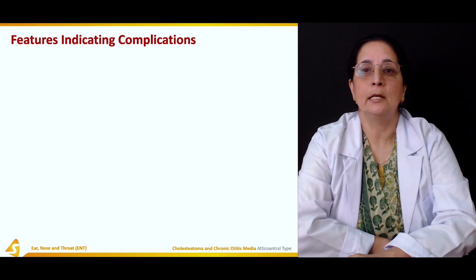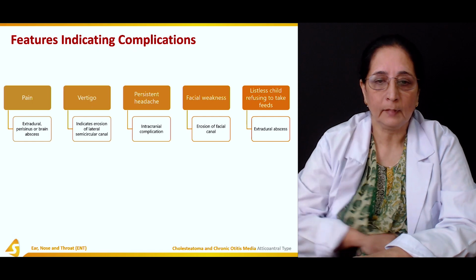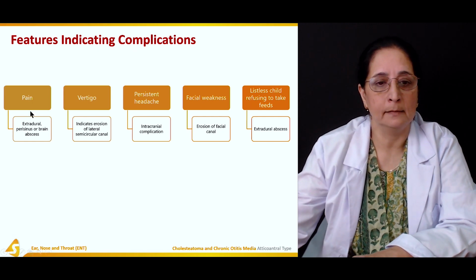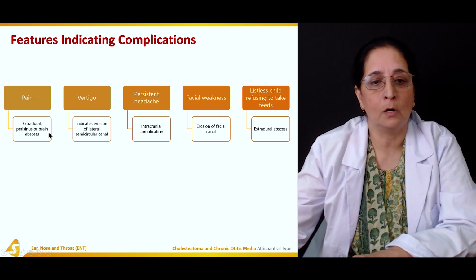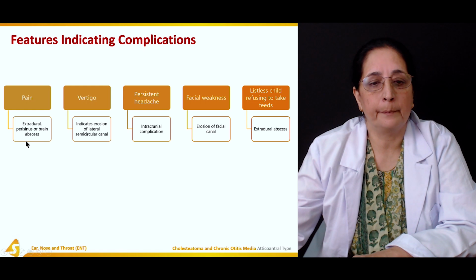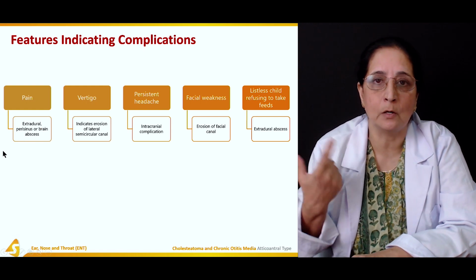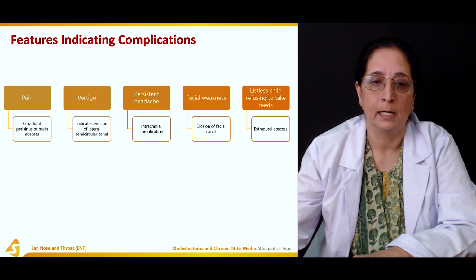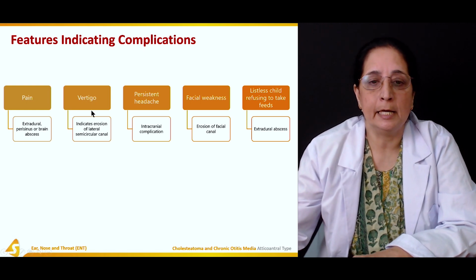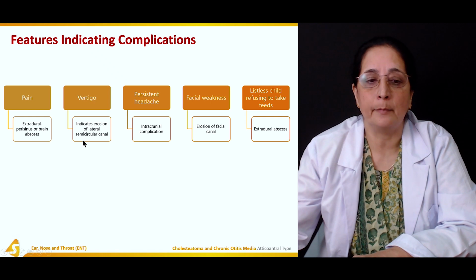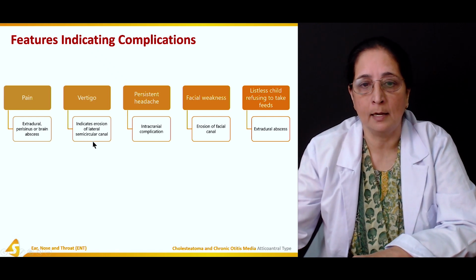Features indicating complications. Pain is very common, indicating extradural, perisinus abscess or brain abscess. Vertigo indicates erosion of the lateral semicircular canal.